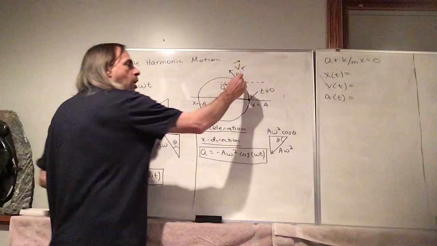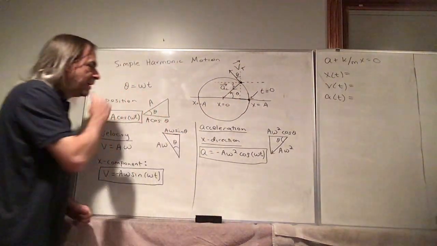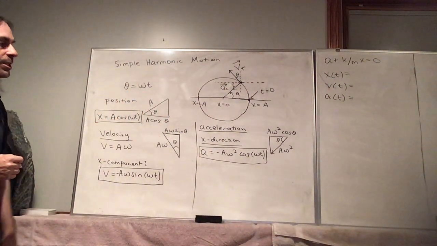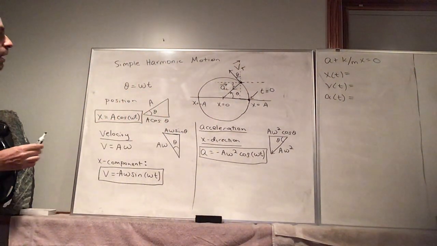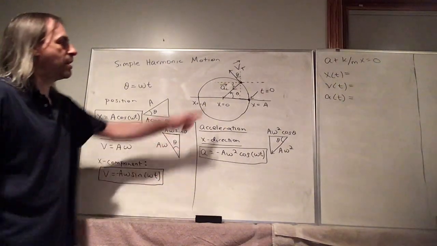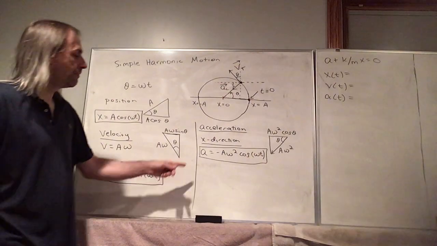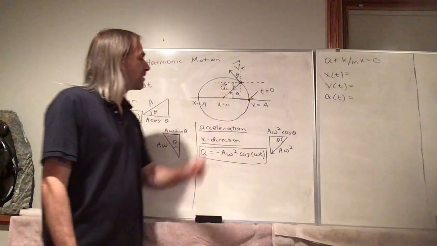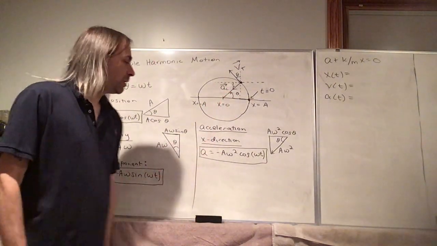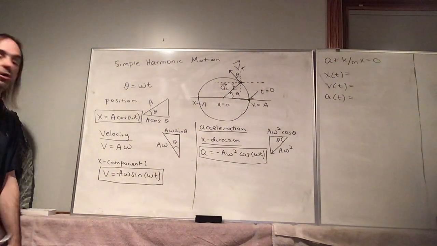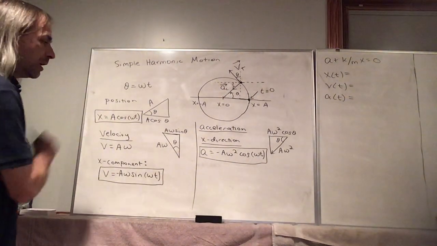So at some arbitrary point here, the x-coordinate is a cosine omega t. If we look at the x component of velocity, minus a omega sine omega t, and the x component of acceleration, minus a omega squared cosine omega t.